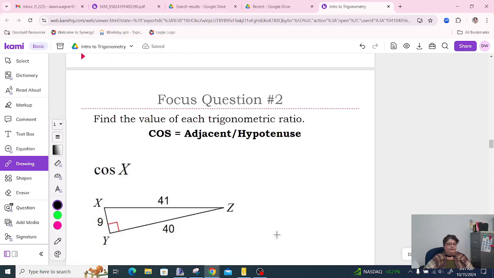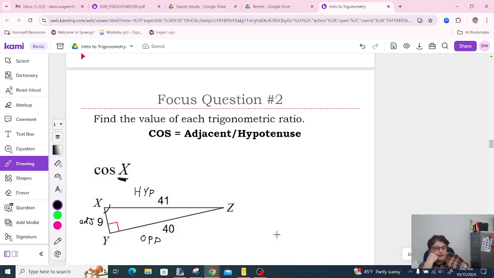Let's try this one. I'm going to go to x again, and I'm going to label. Here's x. What side is opposite of x? 40. So this is OPP. What side's my hypotenuse? And what side's my adjacent? 9. Anybody confused on how to label? You put your finger on the letter they're talking about or the angle.